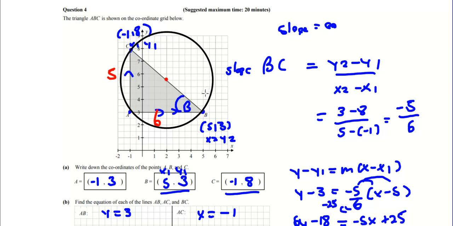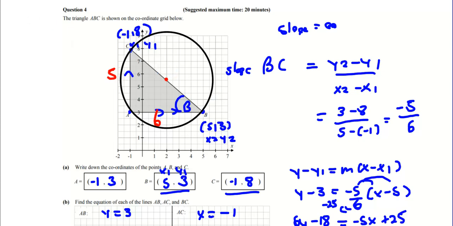Now the reason why I knew that is, remember the rule where if one of the lines in the triangle is a diameter and it fits on a circle, then it has to be a 90-degree angle in the semicircle. So that's how I knew that. So basically your radius is half of BC.